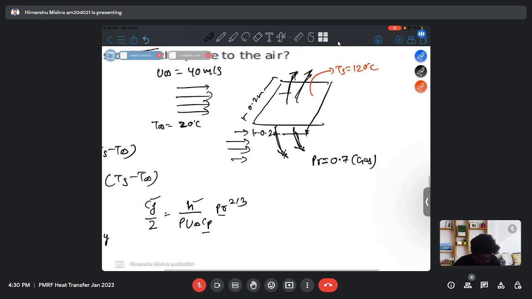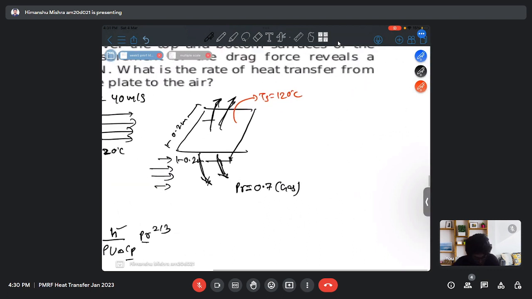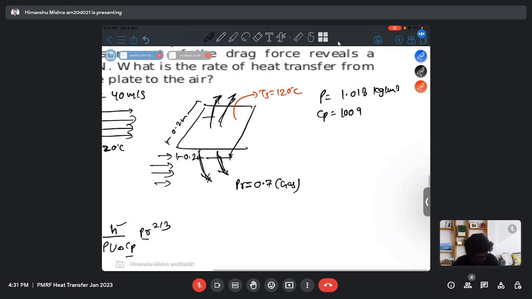And let me define the properties for air. My density is 1.018 kg per meter cube, my specific heat is approximately 1000 joule per kg Kelvin, and my kinematic viscosity is 20.22 times 10 to the power minus 6.